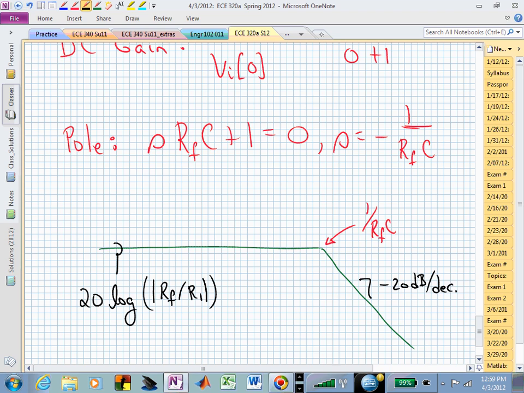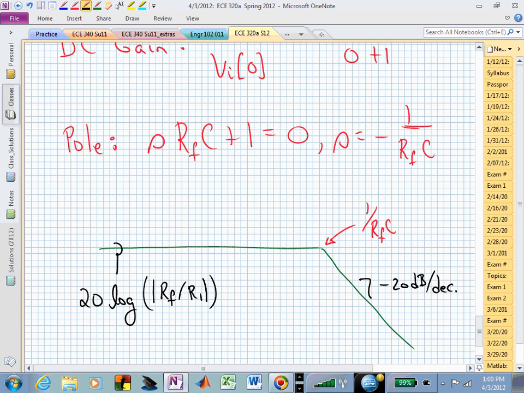We'll have to replay the audio and see if I'm being truthful or not. Then at 4, in our straight line approximation, we would start coming down at 20 dB per decade. So if this was 0 at 4, then at 40, we would be down at minus 20. At 400, we would be down at minus 40. Does everybody see that?